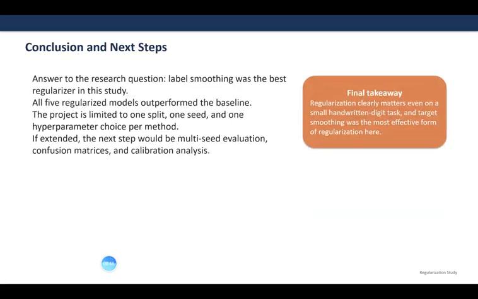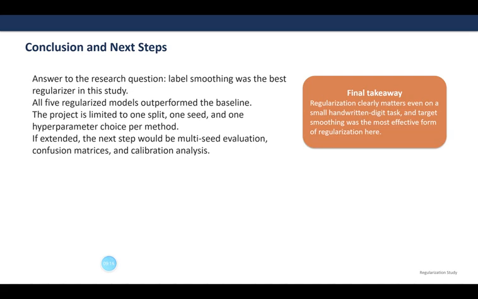Okay, to conclude, the answer to my research question is that label smoothing was the best regularization method in this study. More broadly, the project shows that regularization matters even on a relatively small handwritten digit task. All 5 regularized models outperformed the baseline, but the strongest improvement came from methods that controlled confidence more directly.